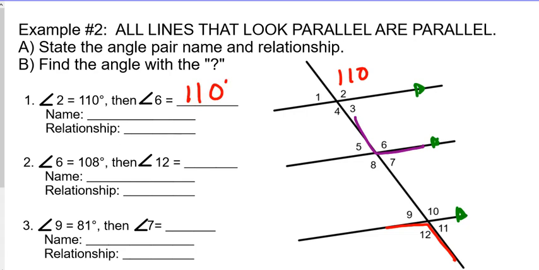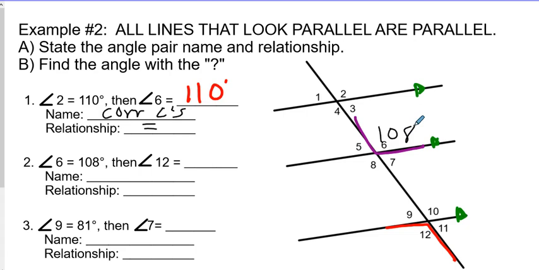Now, what's the name for 2 and 6? One's inside, one's outside, so that's corresponding angles. And they're equal. Now, we need to erase here the 110, because now we're going to say angle 6 is 108. Oh, well, that's what we were just at, right? So there's 108.